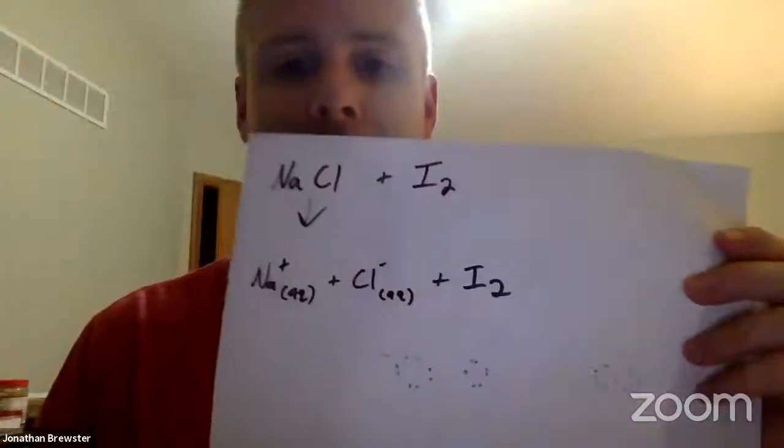So let's dissolve this guy first: Na plus aqueous plus Cl minus. They're just saying he's floating around. So that's ultimately what you end up having.